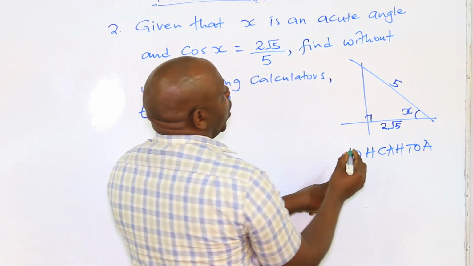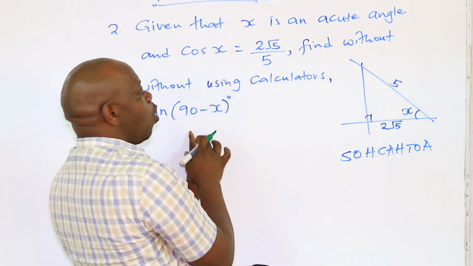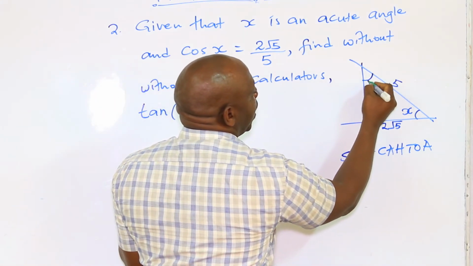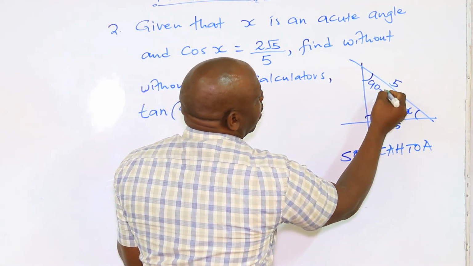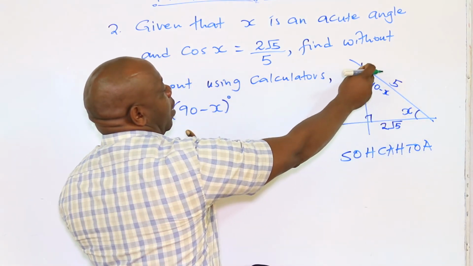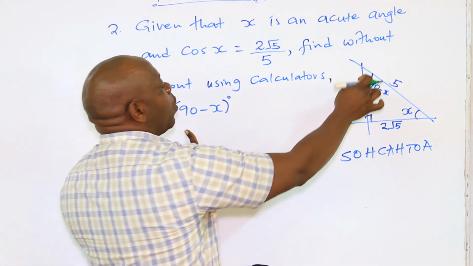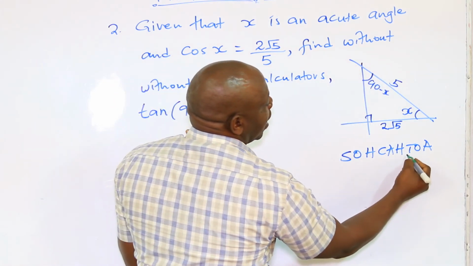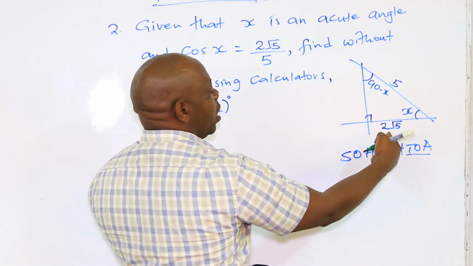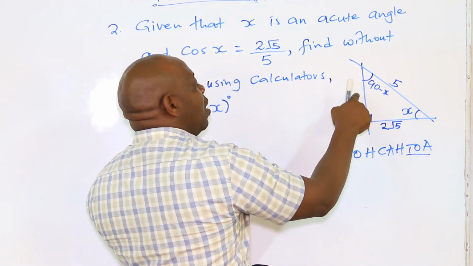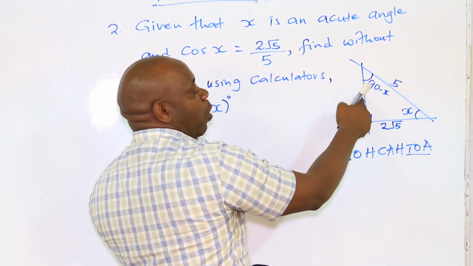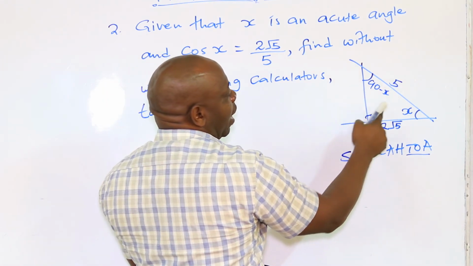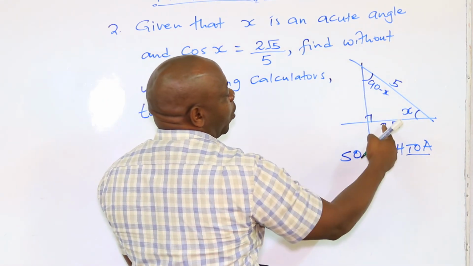So we have been told to get tan of 90 minus x. This angle here, the complementary angle, the 90 minus x, is that angle there. So we want to get tan of 90 minus x, and you can see clearly tan is opposite over adjacent. This becomes the adjacent of this angle here. So we need to calculate this side here, and to calculate it, we use the Pythagoras theorem.